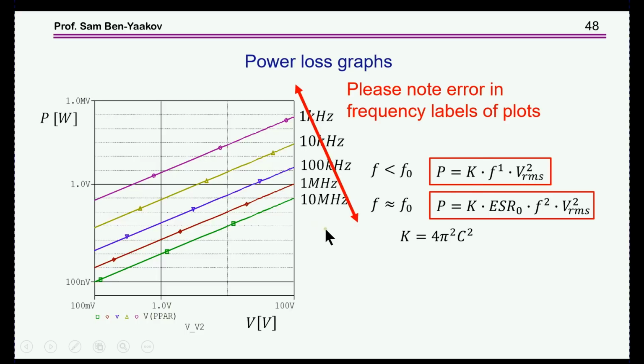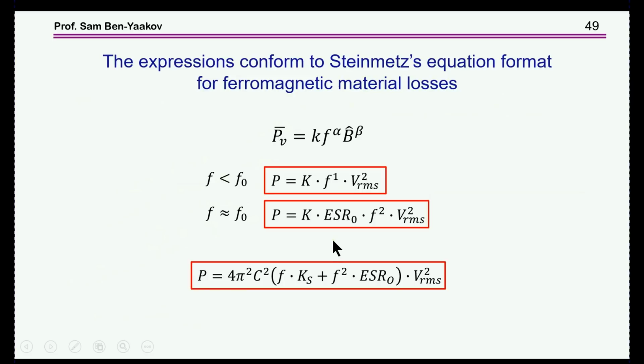I just copied it from here. It's incorrect. Okay. So, to sum this up, we can describe the losses of a capacitor as a parallel resistor to the capacitor, and this is a simple function of VRMS and frequency.